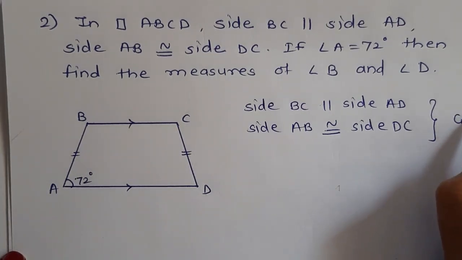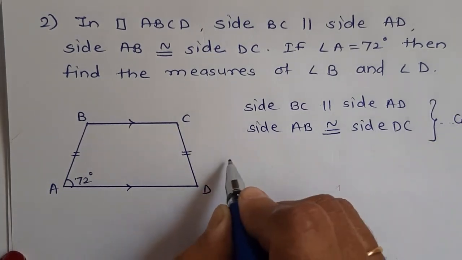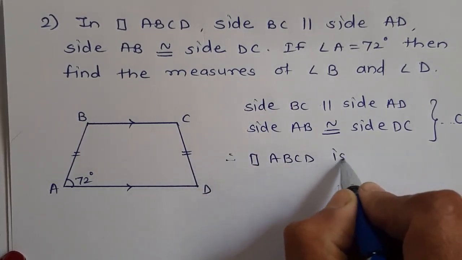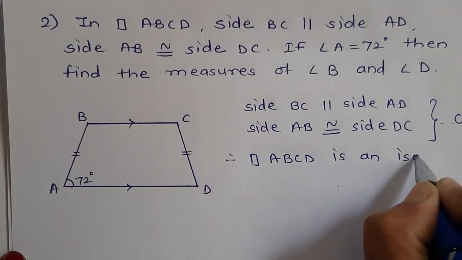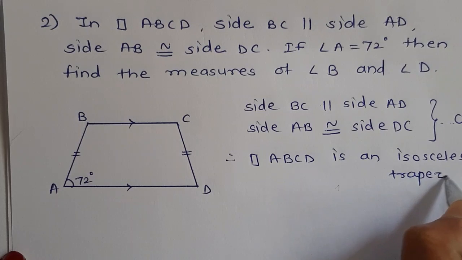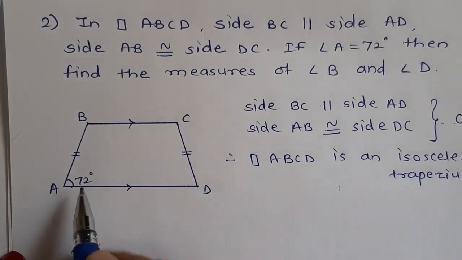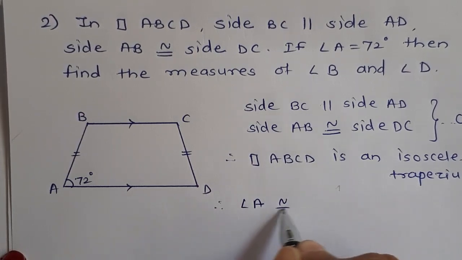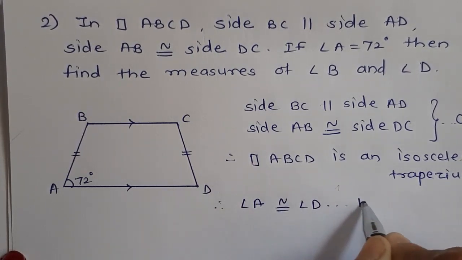Therefore, quadrilateral ABCD is an isosceles trapezium. If it is an isosceles trapezium, then its base angles are congruent. Therefore, angle A is congruent to angle D.